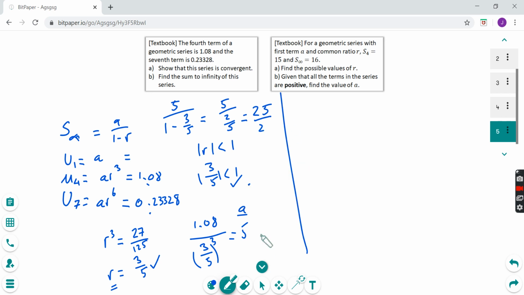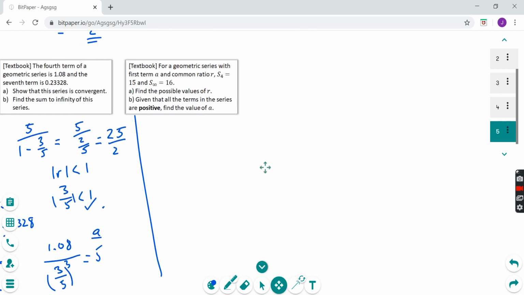Let's do a harder one on the right-hand side. So, on the right-hand side, a geometric series, first term a, common ratio r, so a and r are not told to us. The sum of the first 4 is 15. So, if I take that information, the sum of the first 4 is going to be like this, and that's 15.